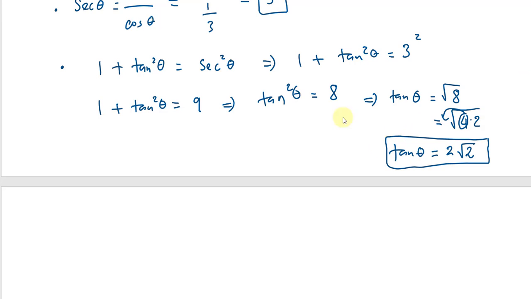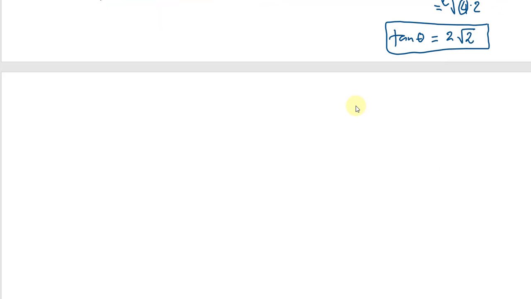We know tangent, we know secant, and now the next function we can find is sine, because tangent is equal to sine over cosine. So tangent equals sine over cosine. And we just found the value to be 2 radical 2.